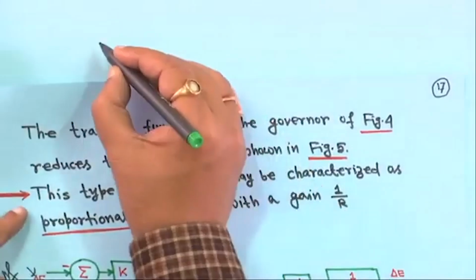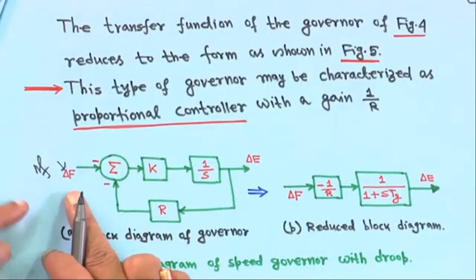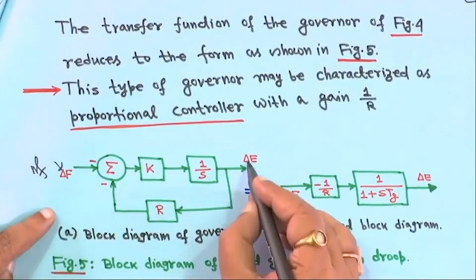So, it will be minus delta F, and then this is delta E, the input is here.